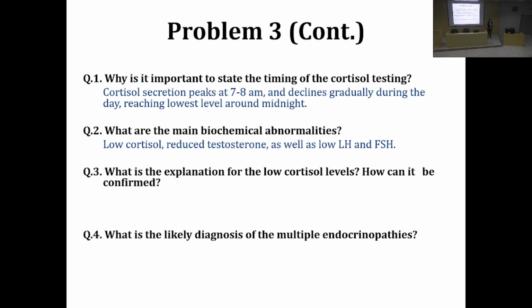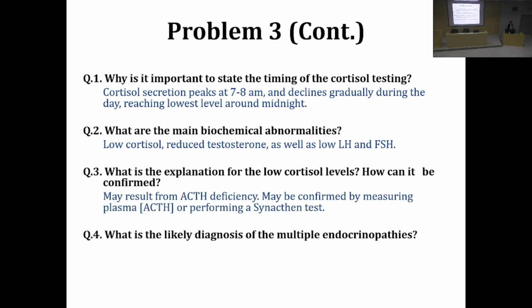If the axis is suppressed, what do I like to do? A stimulation test. If you are suspecting a deficiency because of ACTH, you can simply give them ACTH and try to stimulate the axis. And if you cannot rescue the axis, that kind of confirms the pituitary failure.